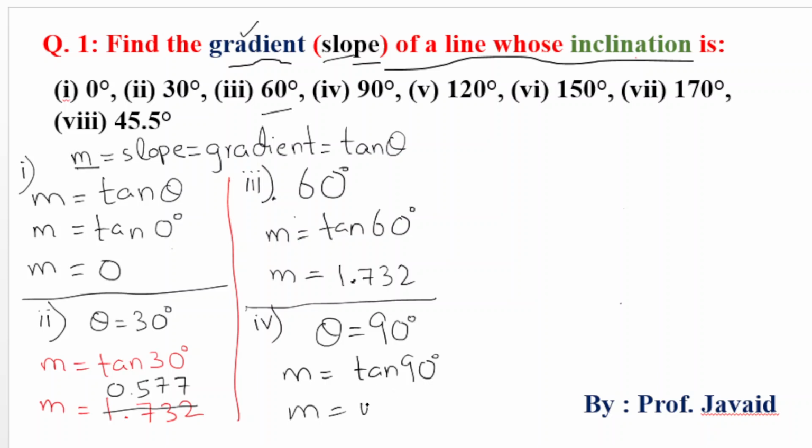So what you will write is undefined. So at 90 degree, m is undefined. Otherwise you can say that m is equal to infinity. So you can write infinity like that. So the fourth question has been done. Let's move toward the fifth part.